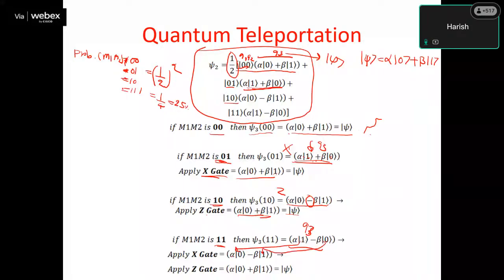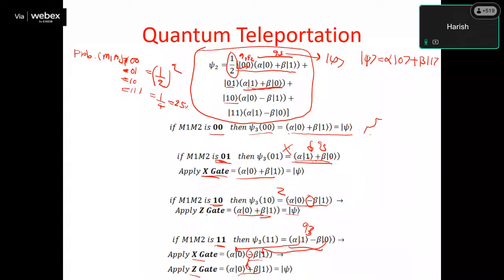So it has now become alpha times 0 minus beta times 1 on application of this x gate. Still it is not psi because of this sign. So this can be resolved by applying the z gate. When you apply the z gate, this minus sign will go, and it is nothing but psi only.